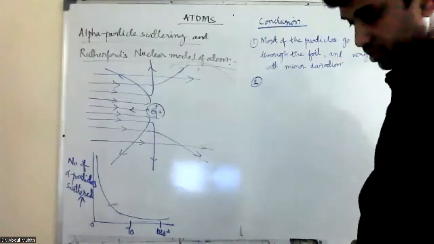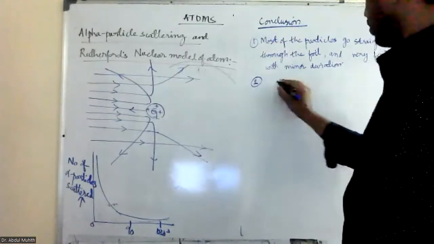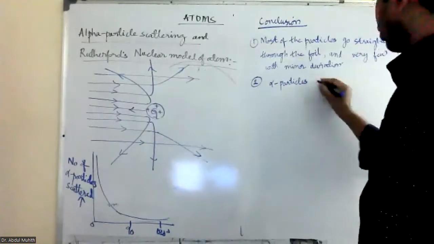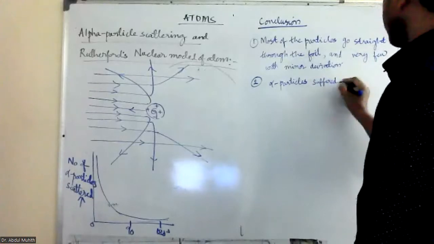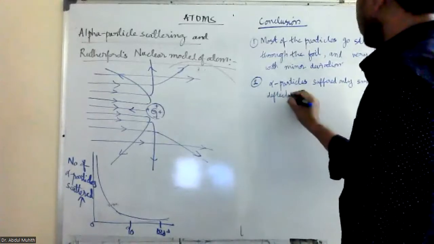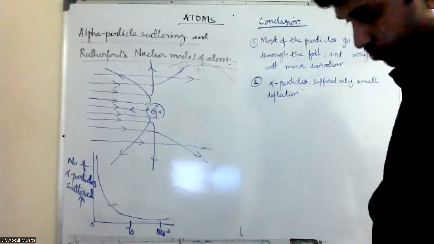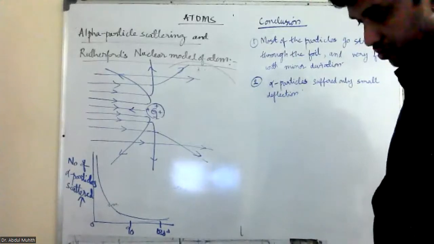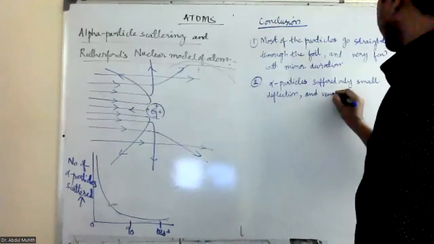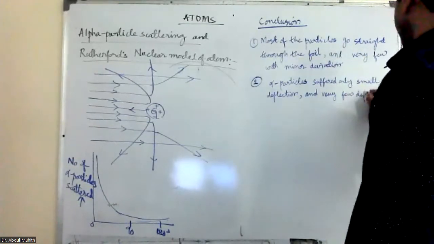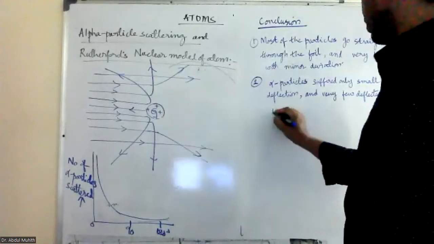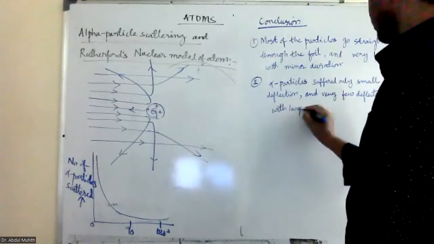The second one: alpha particles suffered only small deflection, and very few were deflected with large angles.